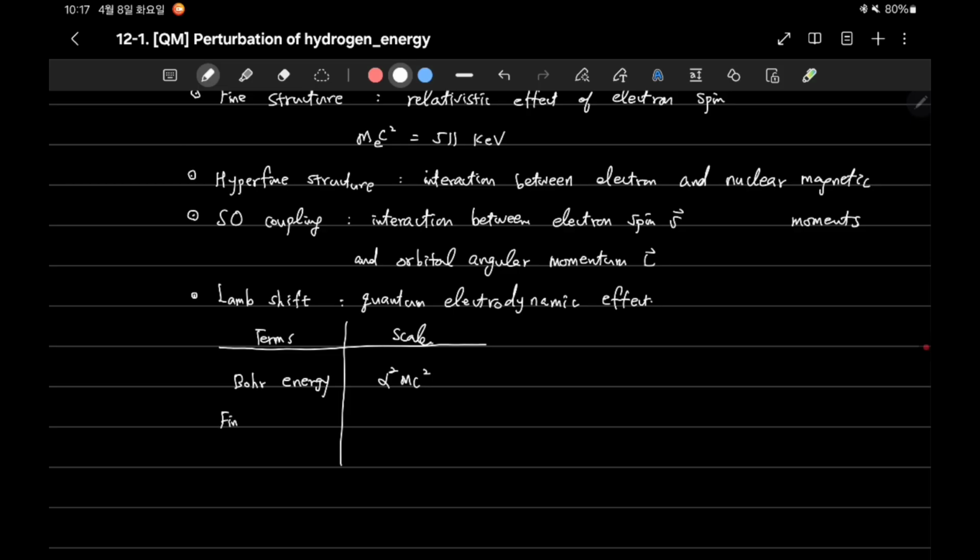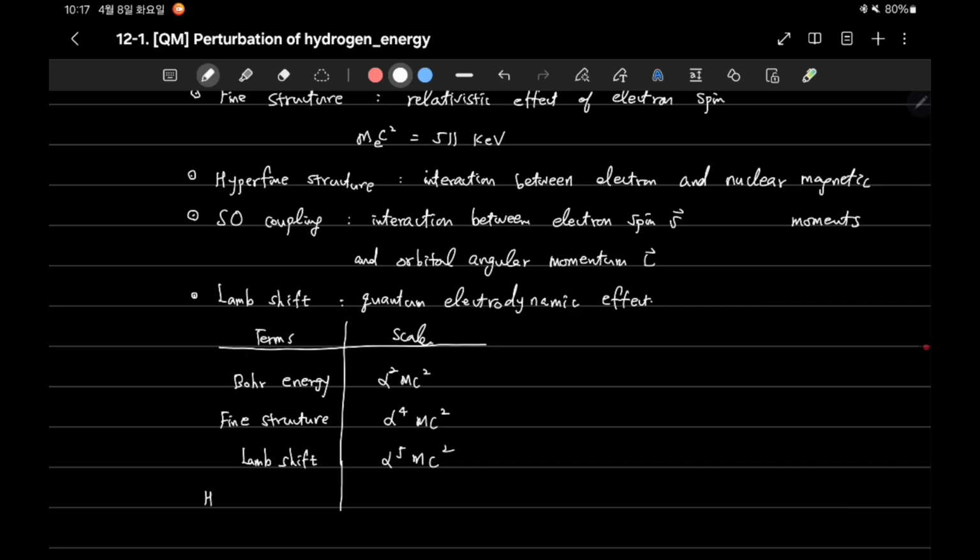The fine structure is the relativistic effect of electron spin, on the order of alpha to the 4 mc squared. And the Lamb shift is on the order of alpha to the 5 mc squared.